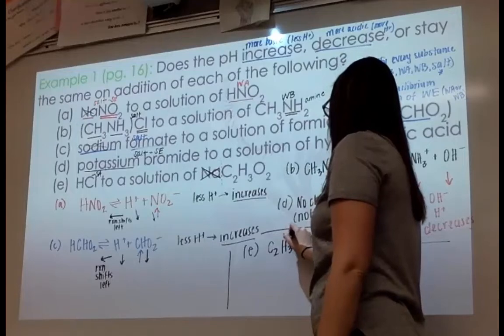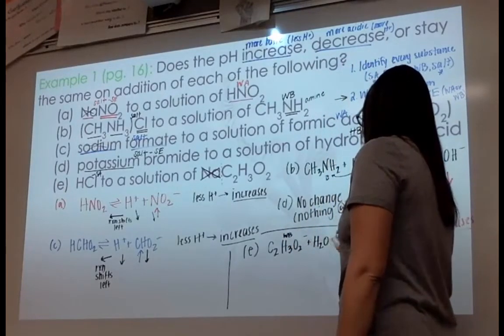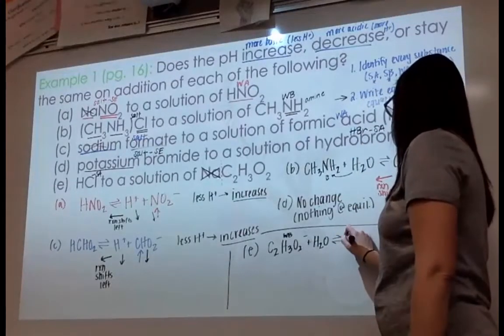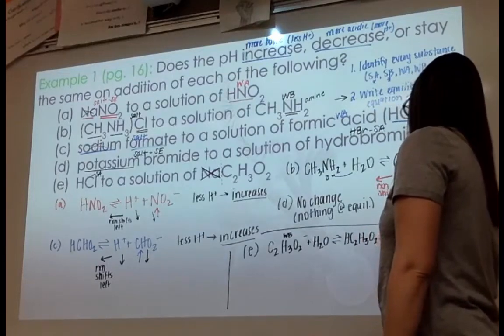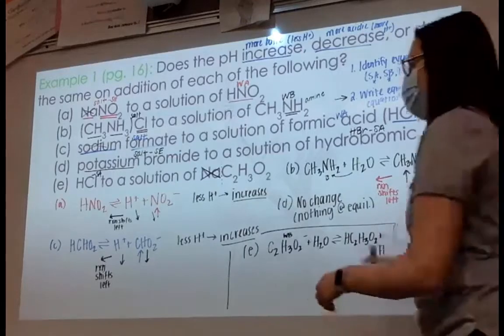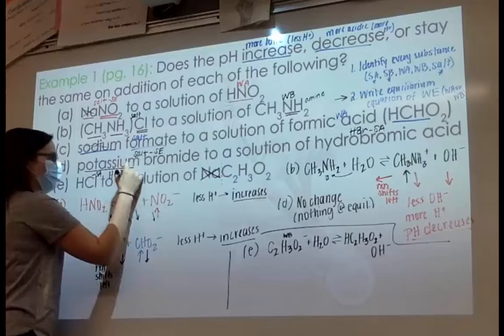So since acetate is a weak base, I'm going to write the equilibrium of the acetate ion. It becomes HC2H3O2. And so we'll do this just really quick. So we're adding HCl. HCl is a strong acid.